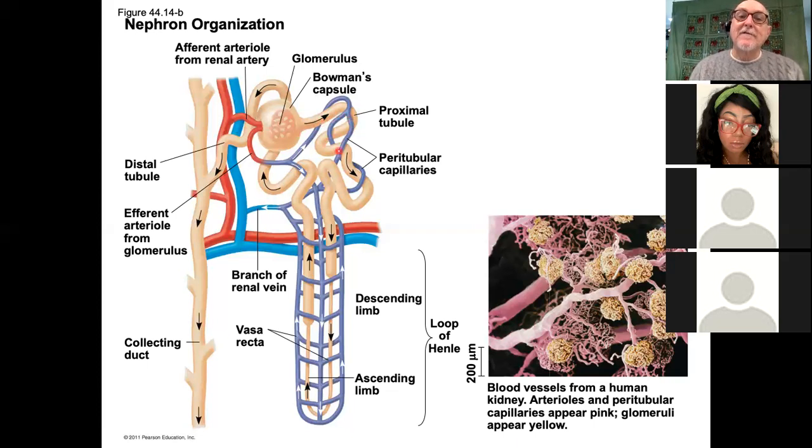It is the responsibility, first of all, of this proximal tubule to reabsorb the useful stuff and pass it into these capillaries here that surround the proximal tubule. At the same time, in this proximal tubule area, the cells of the blood vessels, but also cells associated with blood vessels and the proximal tubule, can actually secrete substances.